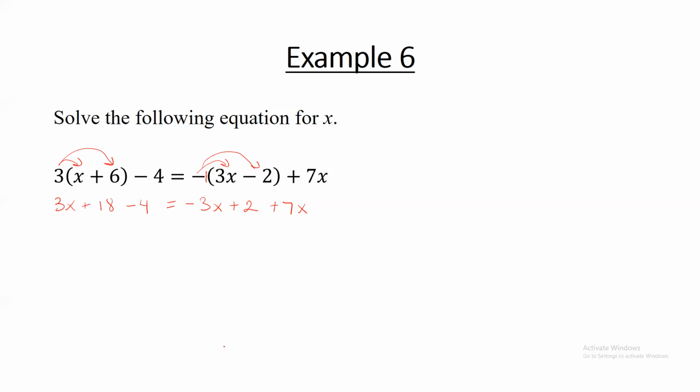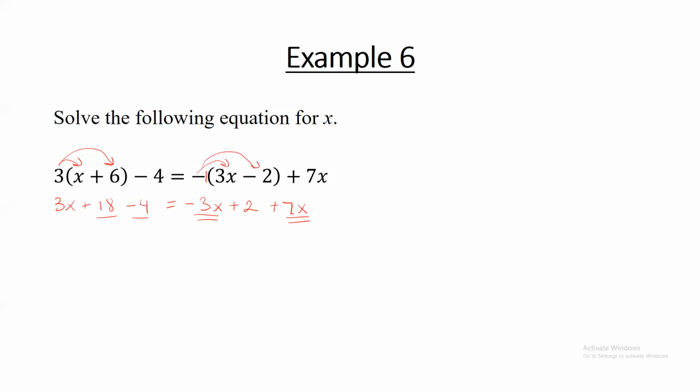And continuing the problem, we now have something that looks like example 5, the example we just did. We can combine the like terms here, and we can combine the like terms here. Don't get carried away with the combining of like terms. You can only combine like terms that are on the same side of the equal sign. Of course, you can't, for example, combine this 3x with this 7x.